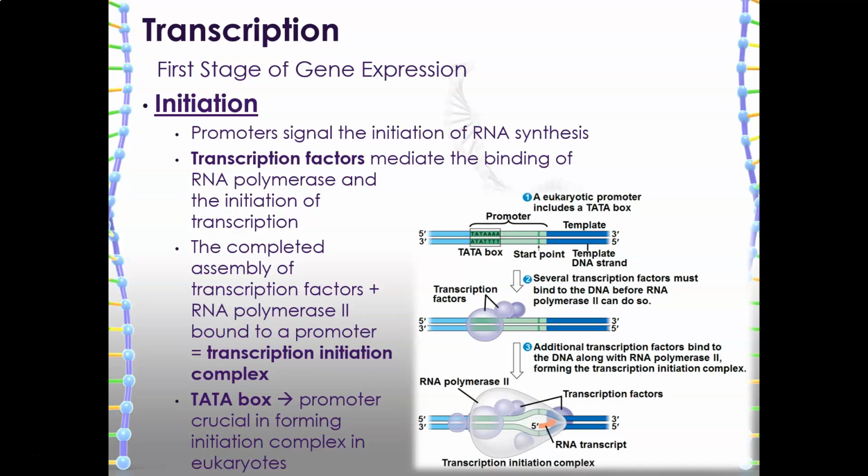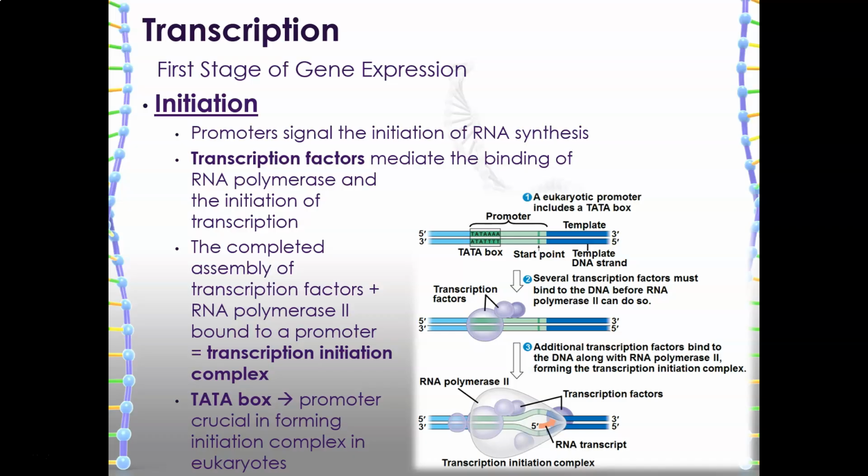So they need to be bound to that promoter region first, and then the RNA polymerase basically nestles itself on top of them and can start the process. In order for this all to work, we need to build this complete transcription initiation complex: the RNA polymerase plus those transcription factors will then allow for the next step of transcription to occur.